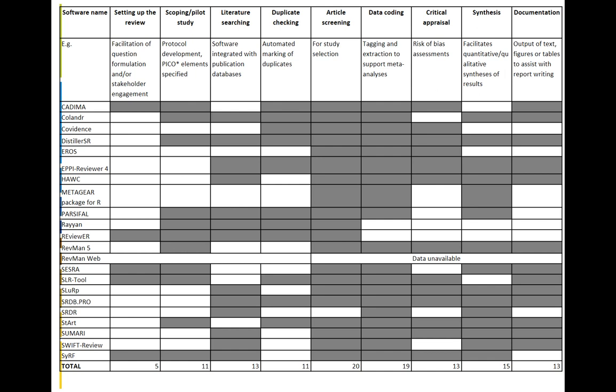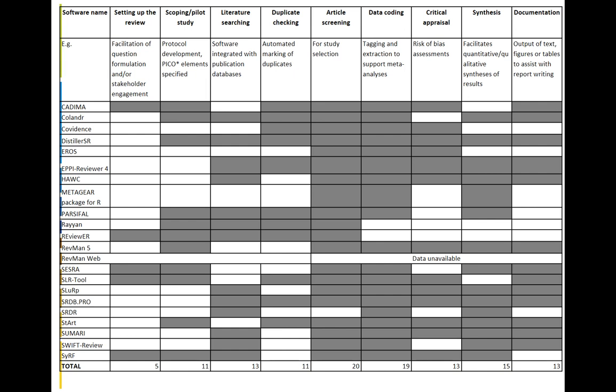What Emma did is that we defined some criteria, and she checked if the tools support the different criteria or not, and the results are very briefly summarized here. I do not want to go into detail, but what is clear is that there are many tools that differ in the support they provide for the review process.